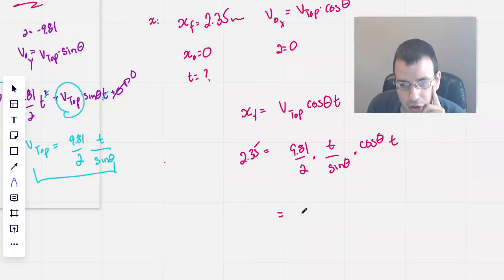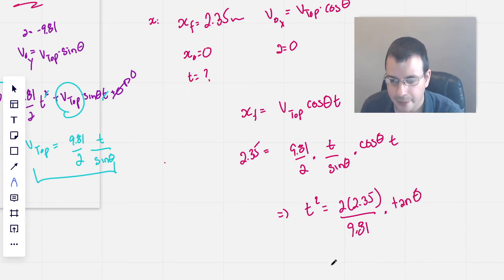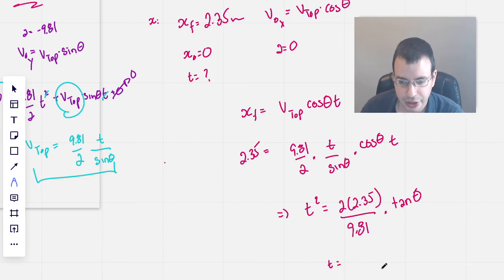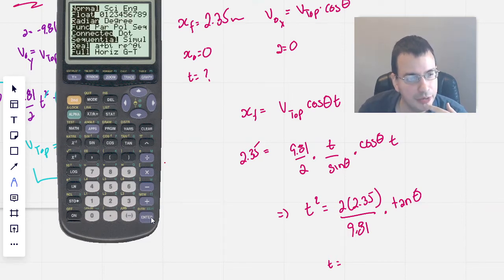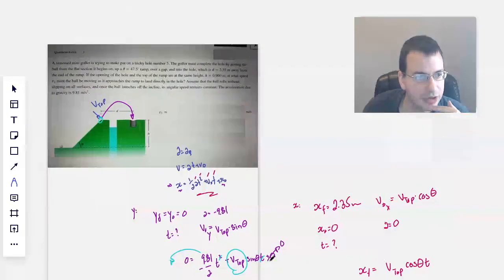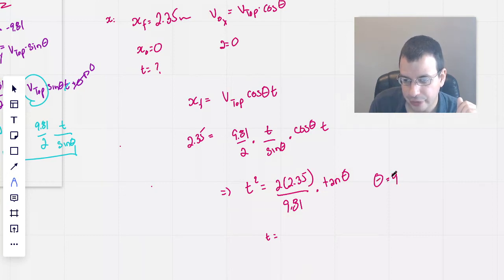So now, solving this for T, we're going to do T squared equals 2 times 2.35 over 9.81. And I'm going to call this tangent of theta, because sine over cosine. And therefore, T equals, go to the calculator, make sure our mode is degrees, and we know theta is 47.5 degrees.